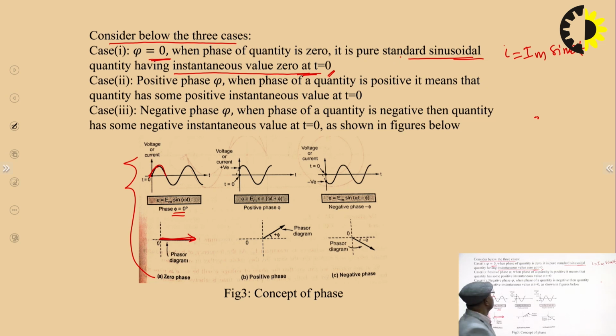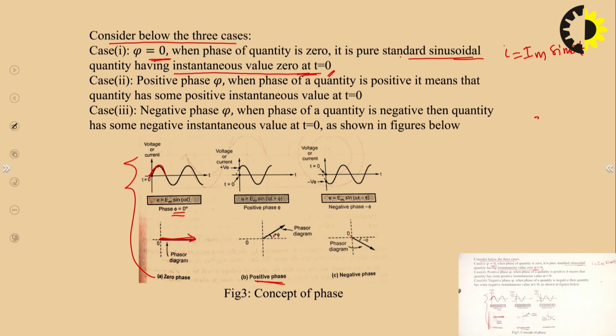Now, suppose case 2, positive phase angle. What is the meaning of positive phase angle? We have explained it. When we measure the angle above the x-axis, we take it as positive, and when we measure the phase angle below the x-axis, we take it as negative.